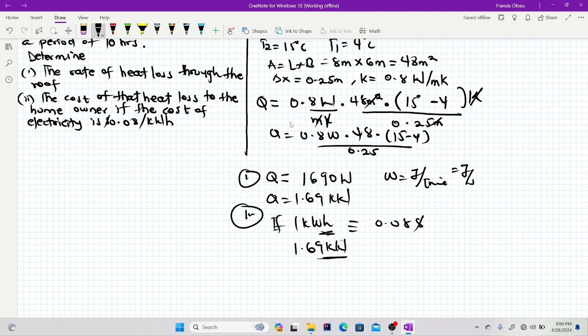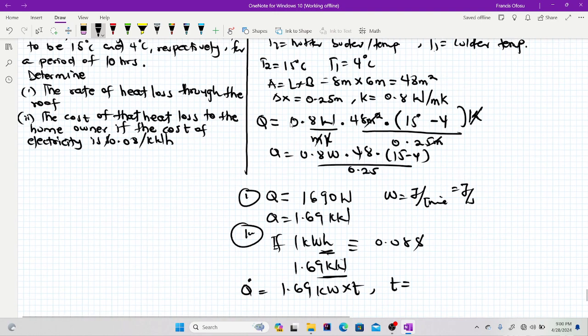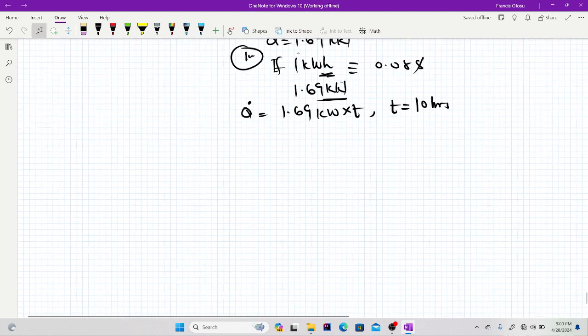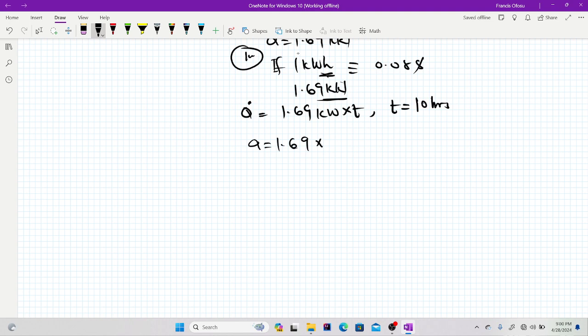We have to convert this into the hour form. To get it into the hour form, we have to multiply by the time. So our heat is equal to 1.69 kilowatts times our time t. Our time was 10 hours in the first part. So we have 1.69 times 10 hours.